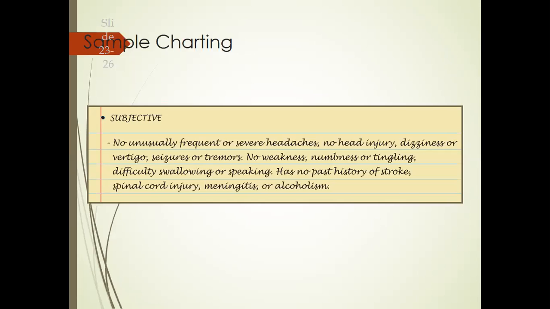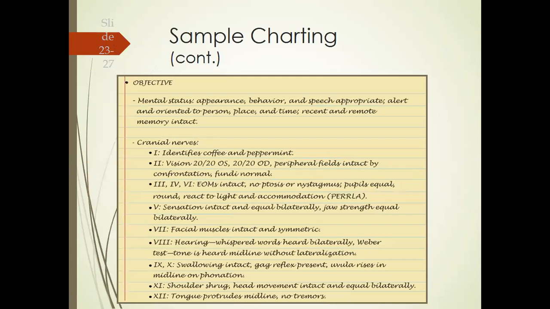This is only an example. Now we are moving on to the next, a sample of the objective, how to write objective status like the mental status, appearance, behavior, speech appropriate, alert, and oriented to person, place, and time, recent and remote memory intact.